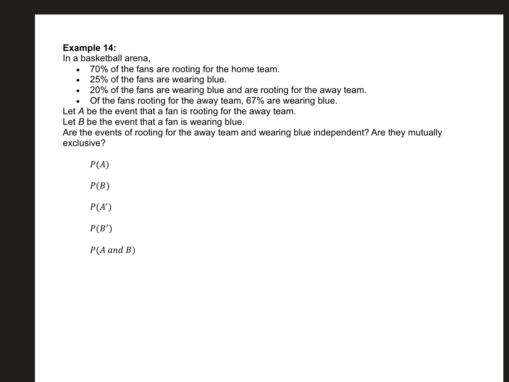So first, find the probability of A. A is that they are rooting for the away team. So we're going to find that is 1 minus 0.7. 1 minus the probability they're rooting for the home team, right? What is the probability that they are wearing blue? That one was told to me in the problem, so 0.25.